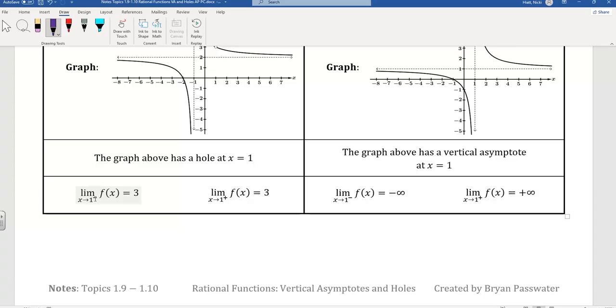When I have limit as x approaches 1 and the negative is behind the 1, that does not mean x approaches negative 1, right? We can't just throw the negative behind a number because we feel like it. When I see this, the negative behind the number, this means the limit as x approaches 1 from the left. That's what we're talking about here.